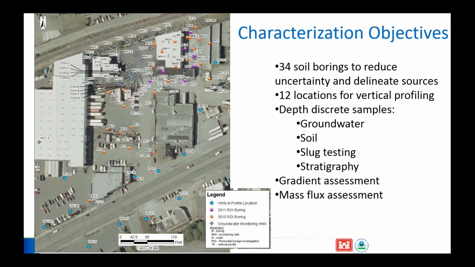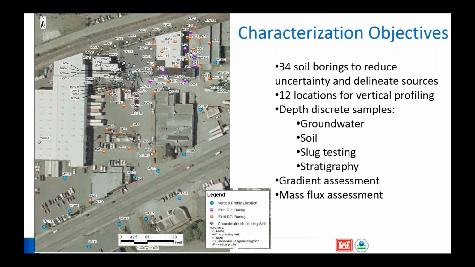As is becoming more common, I wish we could do this everywhere, we're doing more characterization. So this is post feasibility study. The ROD is already signed. We need to do some characterization before we design everything. So there were some soil borings put in.